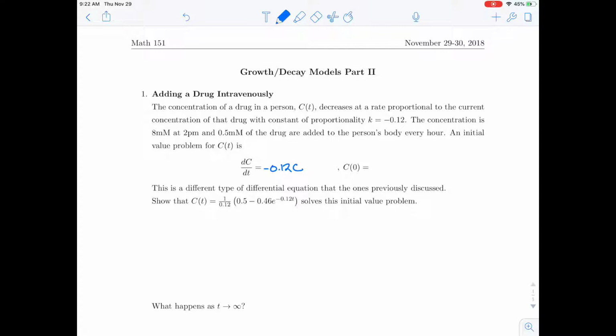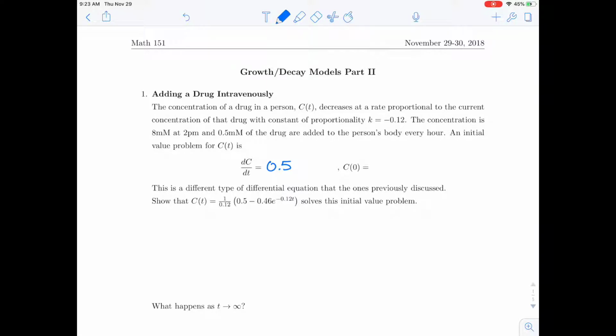But now the concentration starts at 8 millimoles at 2 p.m., but 0.5 millimoles of the drug are added to the person's body every hour. So we want to represent that in the differential equation. Well, if the drug was not being absorbed, we could simply say that dC/dt was equal to 0.5 millimoles, so that the derivative, the rate of change, was a constant increase of 0.5 millimoles.